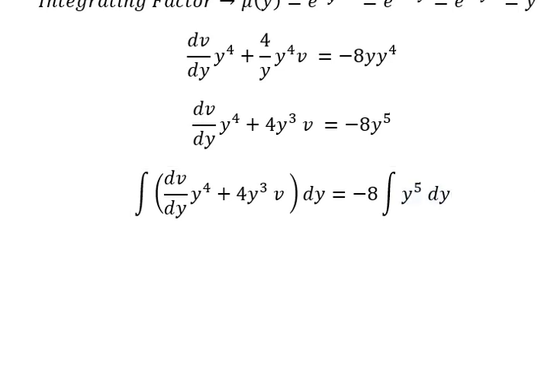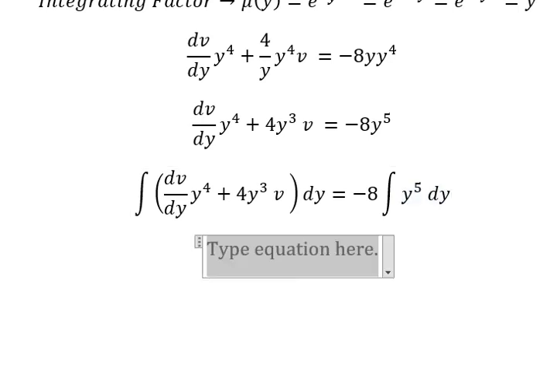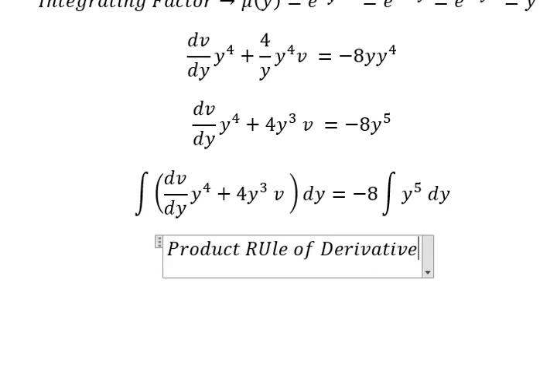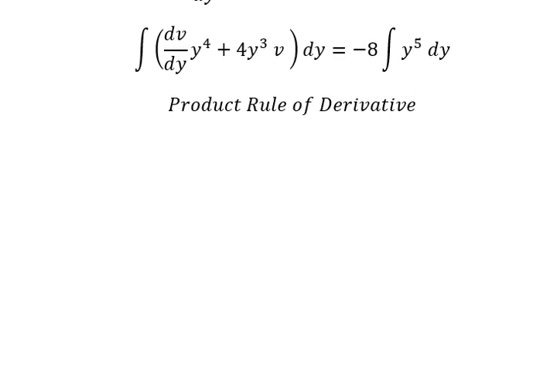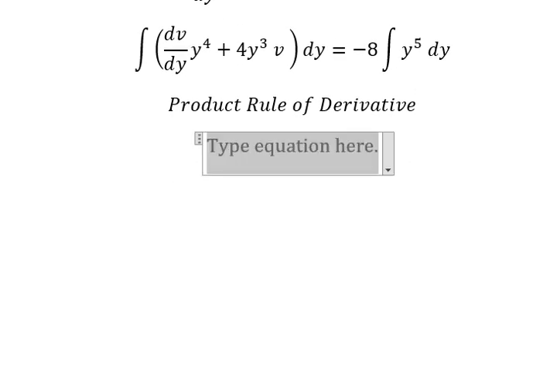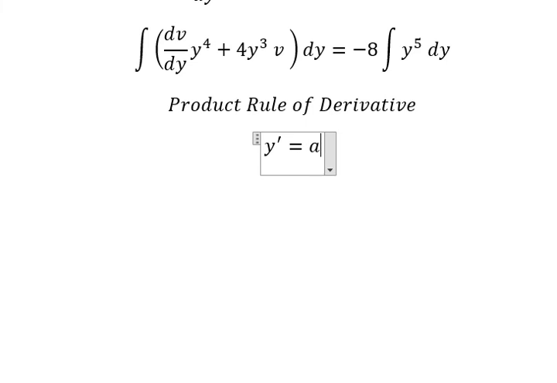Next, we need to apply the product rule of derivative. So we have the first derivative of y equals the first derivative of a multiplied by b plus the first derivative of b multiplied by a.